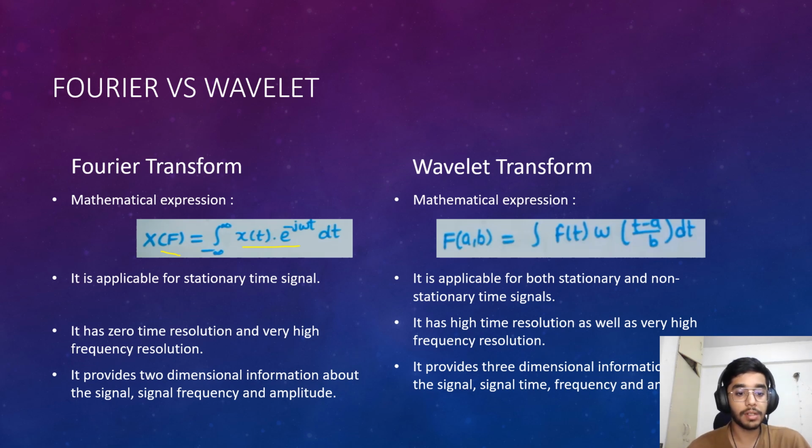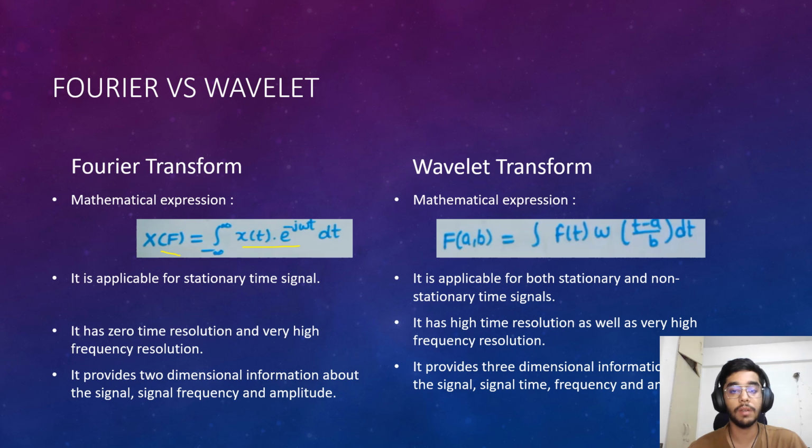The third point is related to the second point. In Fourier transform, we get zero time resolution, which means that we get no hint of the relation of the signal with time, but we get very high frequency resolution. So this depends on our use.